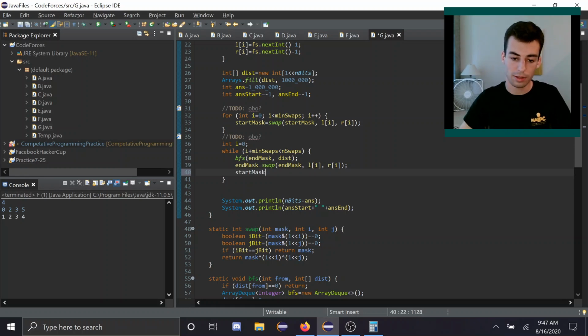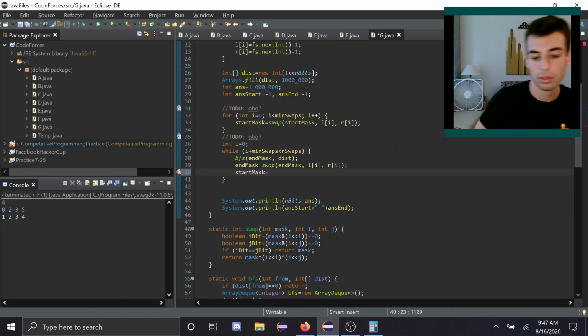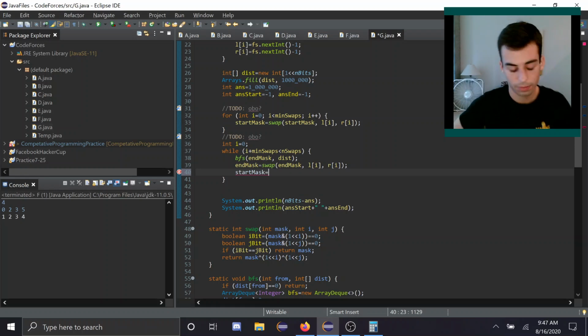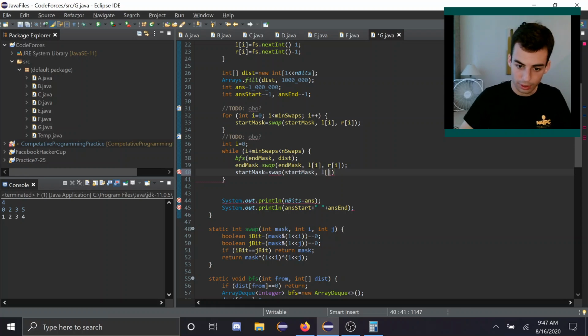Yeah, so now start mask equals swap start mask L at I plus min swaps, R at I plus min swaps. Almost.